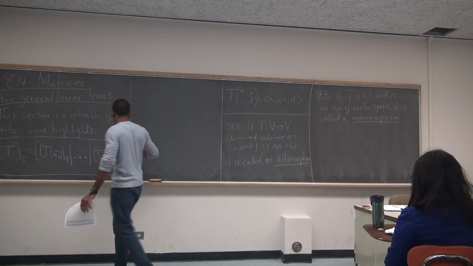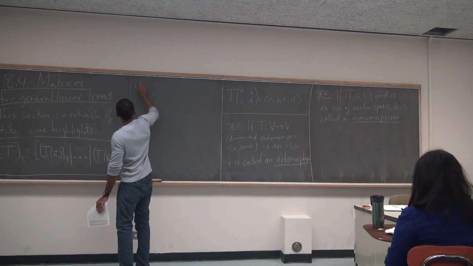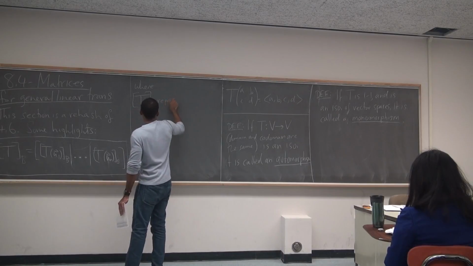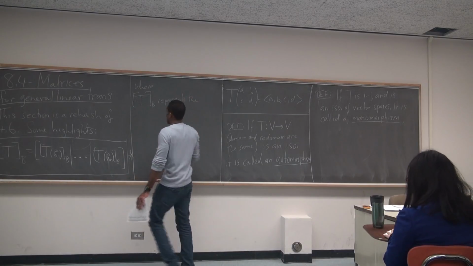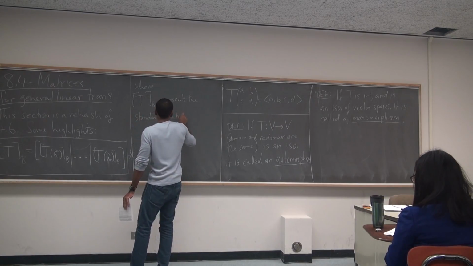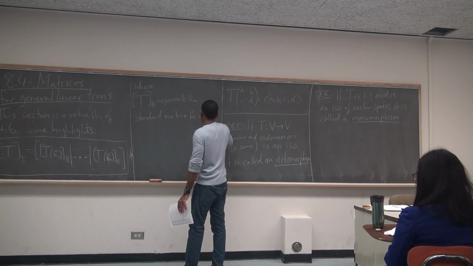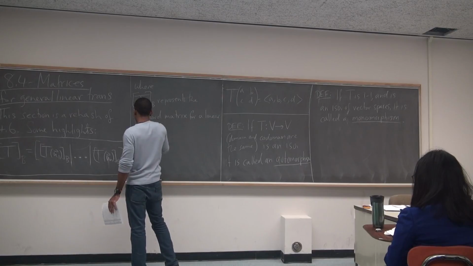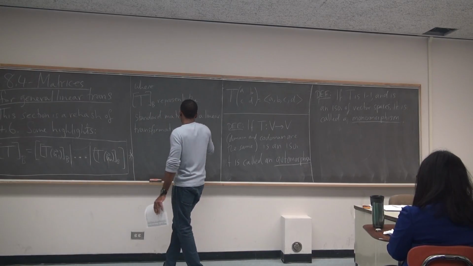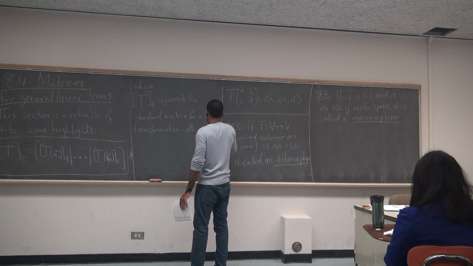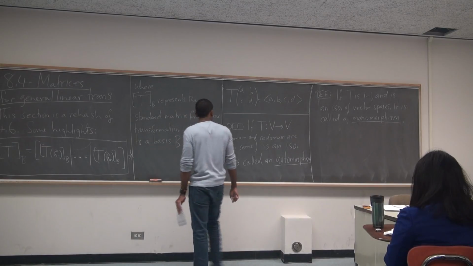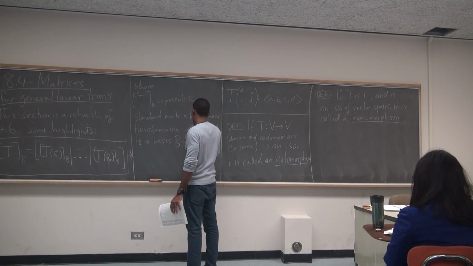I'm going to explain what these pieces are. Where TB represents the standard matrix of a linear transformation with respect to a basis B, where the basis B is these U guys.